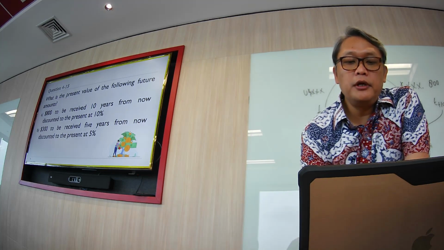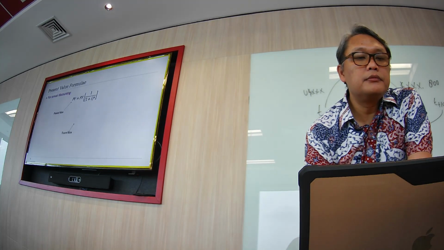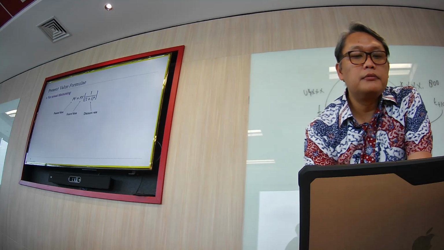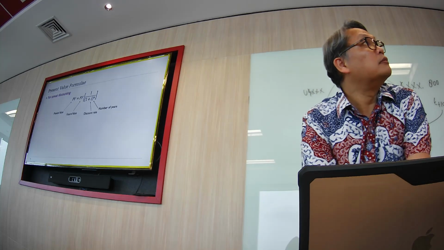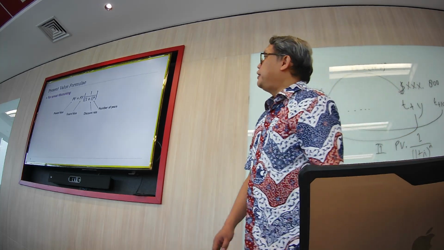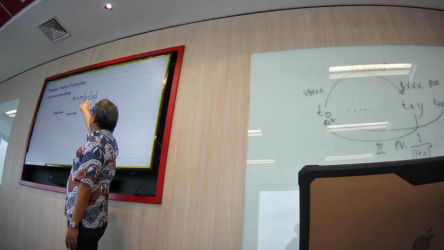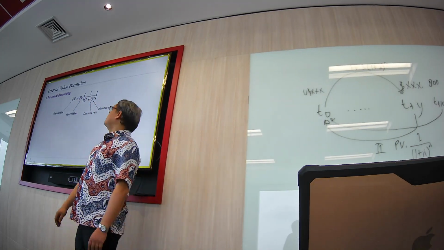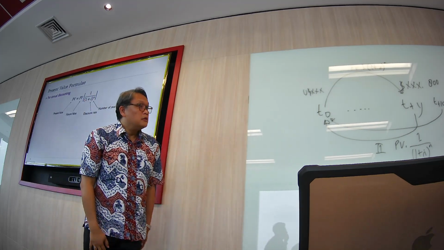So this is the formula. So you can just plug in the values. The future value is 800, the discount rate is 10%, and the number of years is 10 years.